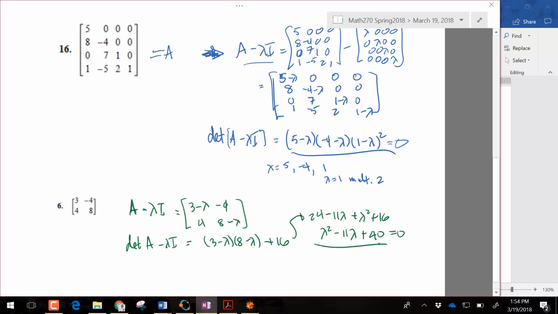So you could say that this is your characteristic polynomial, and then finding the zeros of this would help you find your eigenvalues, eigenvectors. So I think this might have complex roots. Would it? b squared minus 4ac. Yeah. So we might have complex numbers for this one.